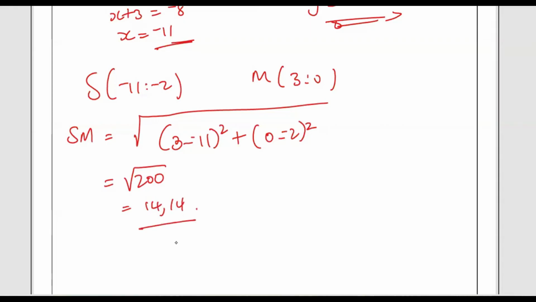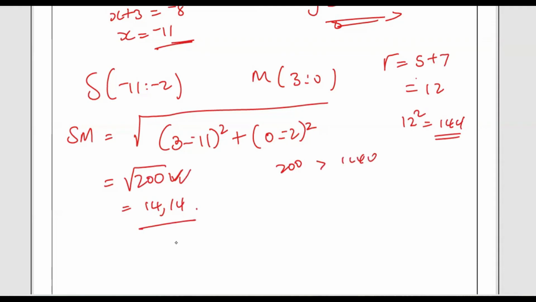Alternatively, somebody would just compare the 200 with the square of the new radius, because the new radius, we said, is 5 plus 7, which is 12. And then 12 squared gives us 144. So we can see that the 200 is greater than the 144.